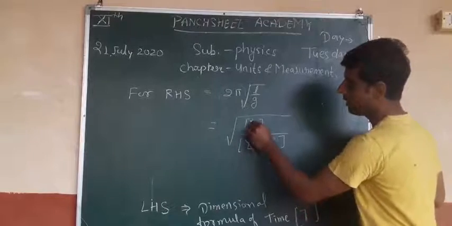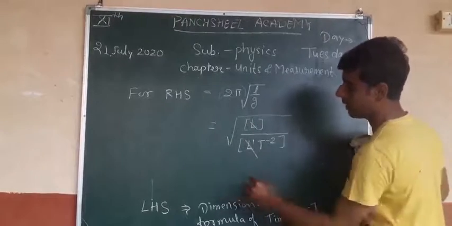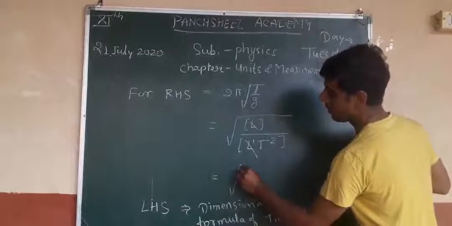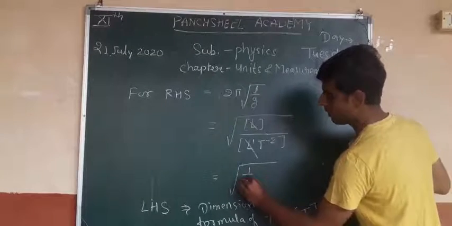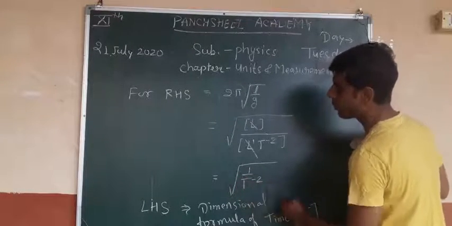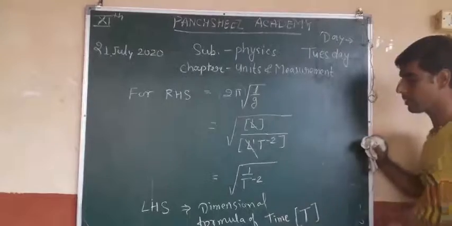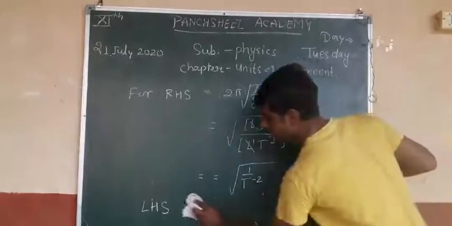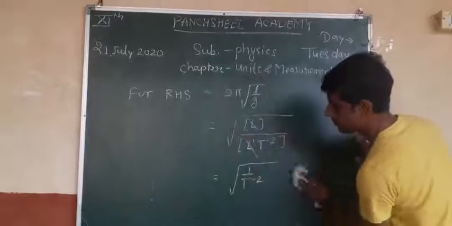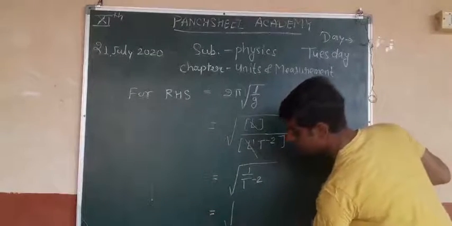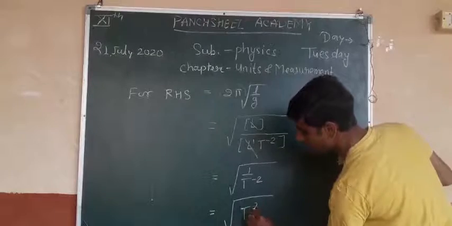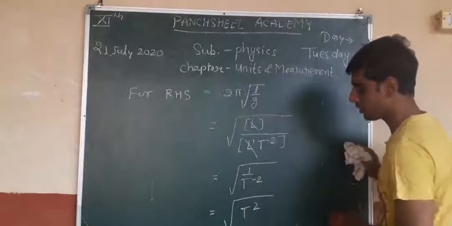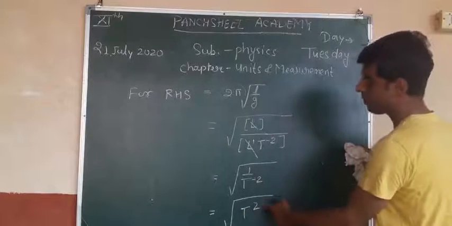So L1 cancels L1, and we have under root 1 by T minus 2. If I take the reciprocal, it becomes under root T square, because minus 2 is converted into plus 2.